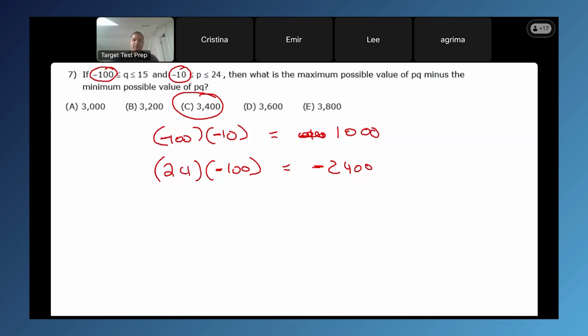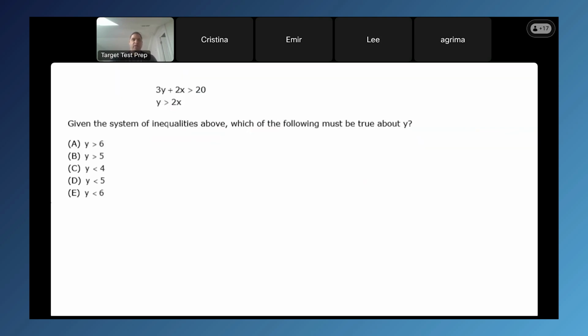Now, another thing we can do, as we know, is add inequalities together, and you'll see that in this problem here. So I want you guys to take a look at this. Then I want to talk about equations with inequalities too, but we'll do this first, and then we'll go from there.